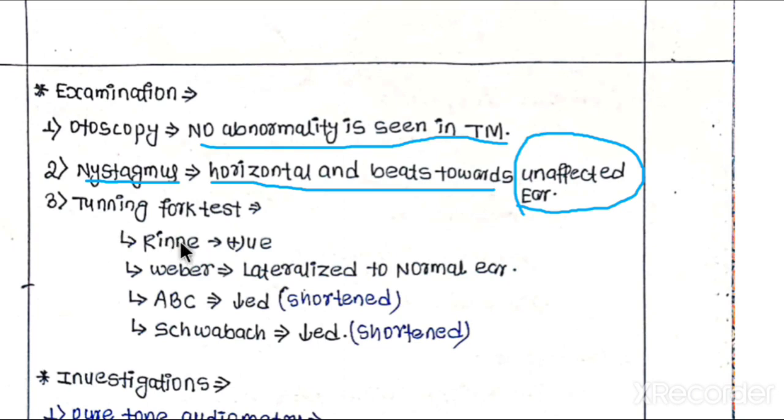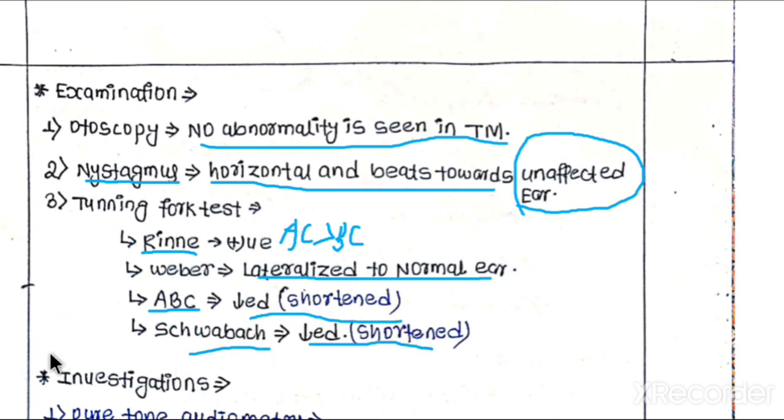On tuning fork test, Rinne test is positive, that is, AC is greater than BC. Air conduction is greater than bone conduction. In Weber test, the sound generally lateralizes to the normal ear, and in absolute bone conduction it is decreased or shortened.